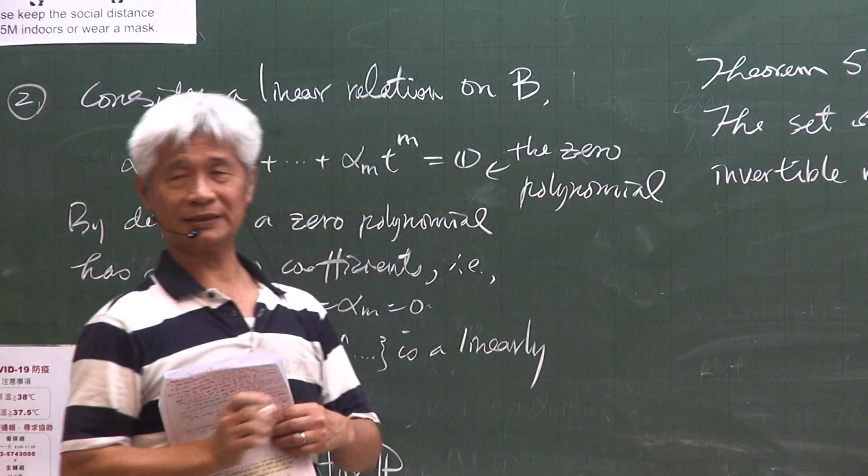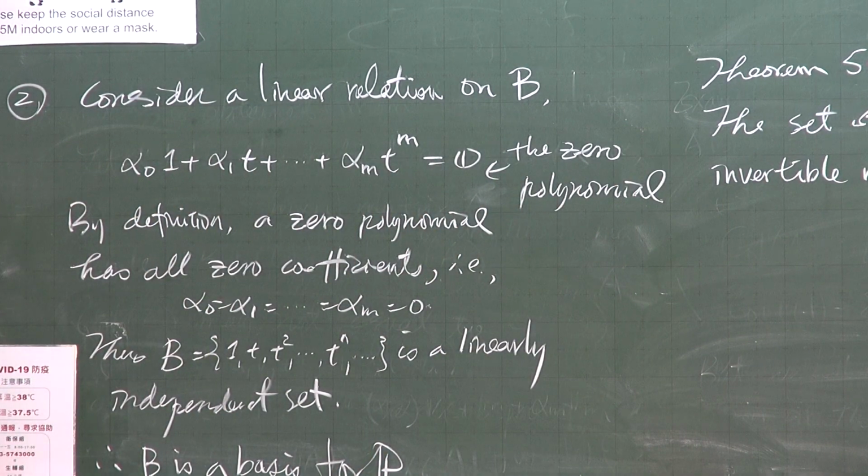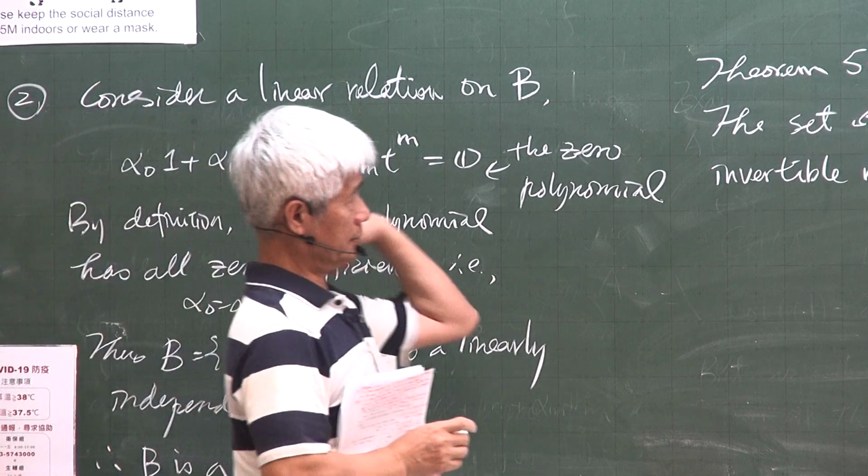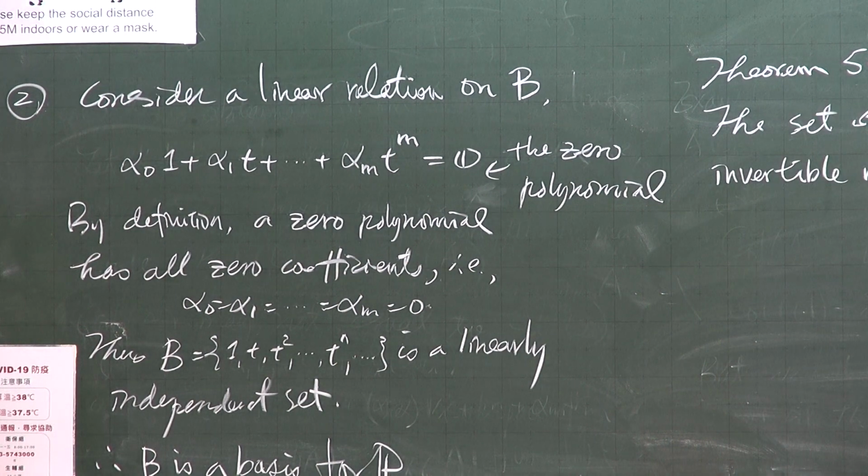This is very interesting: we can find a basis for Rⁿ from the n columns of any n by n invertible matrix.